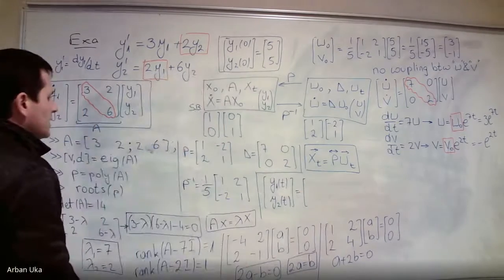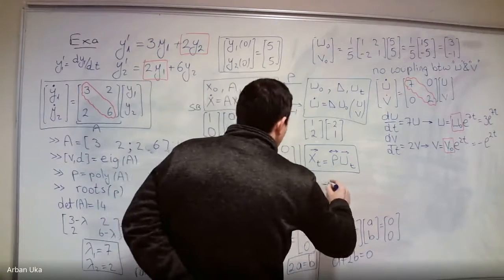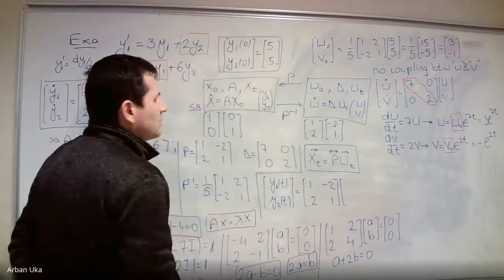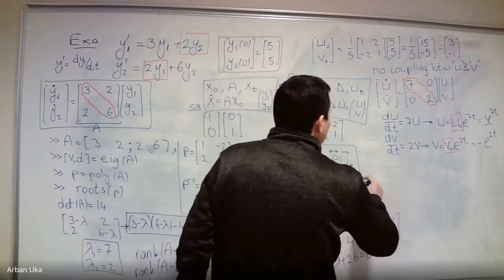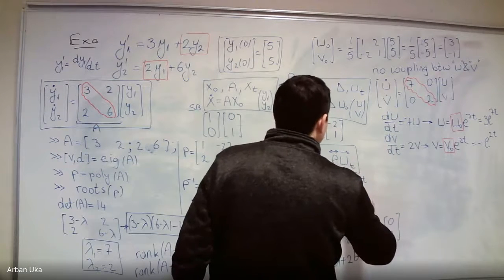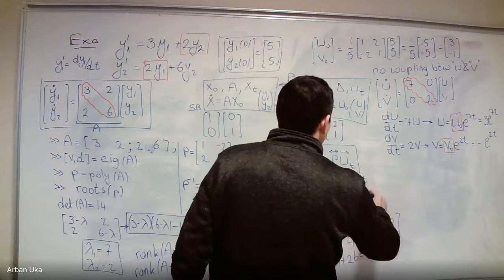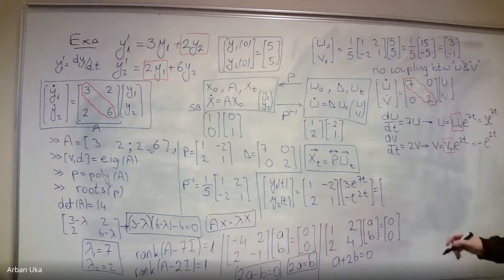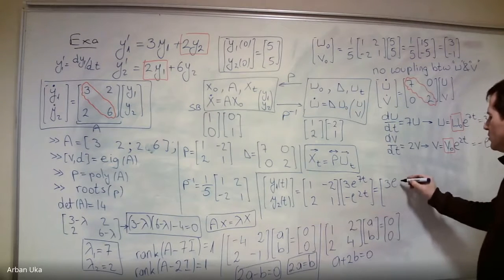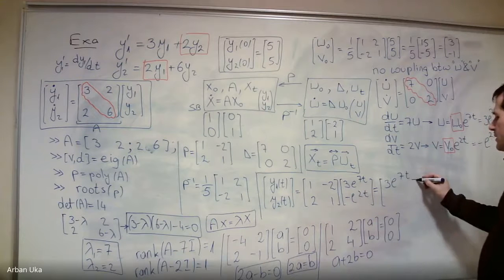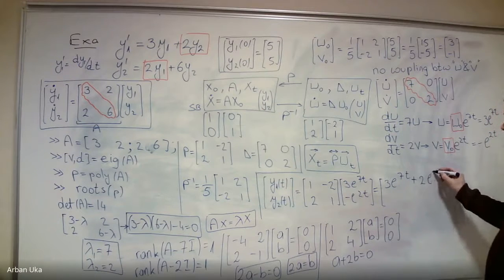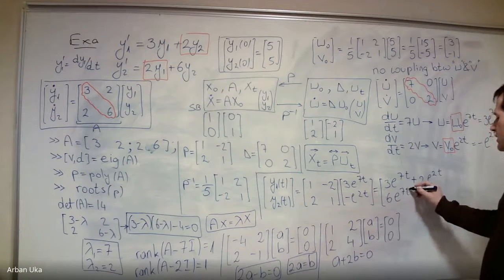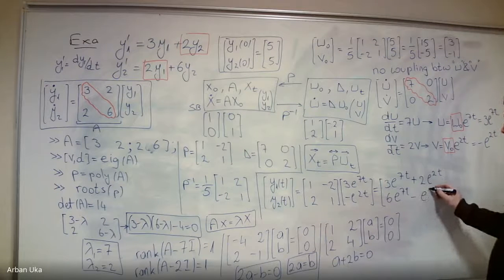This is equal to the matrix 1, minus 2, 1, 1 multiplied with 3 e to the power 7t, minus e to the power 2t. So this is equal to 3 times e to the power 7t plus 2 e to the power 2t, and 6 e to the power 7t minus e to the power 2t.